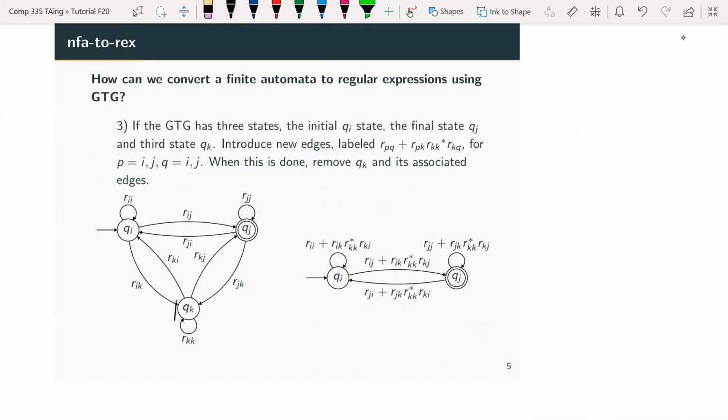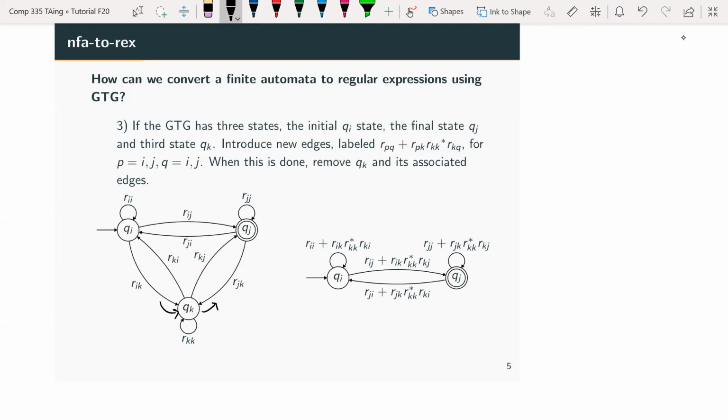To do that, you essentially add on to your initial general transition graph. You take all of the transitions that go through QK and place them on existing edges.